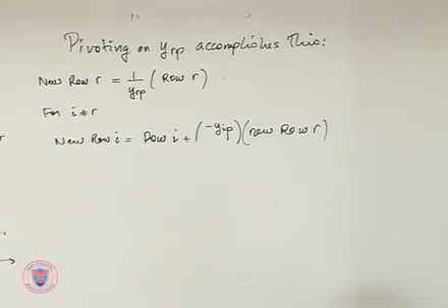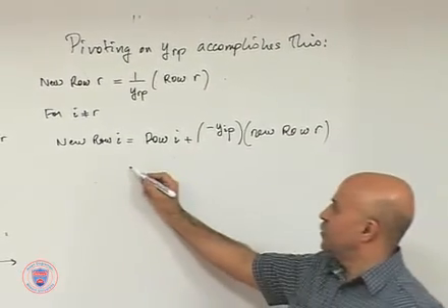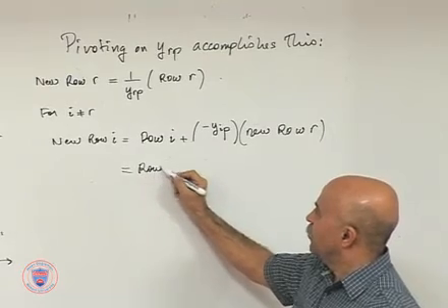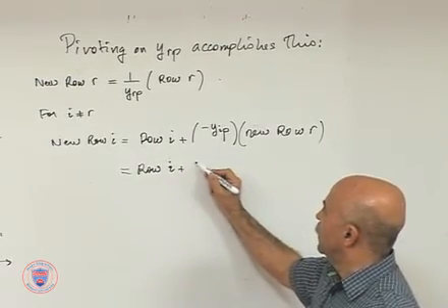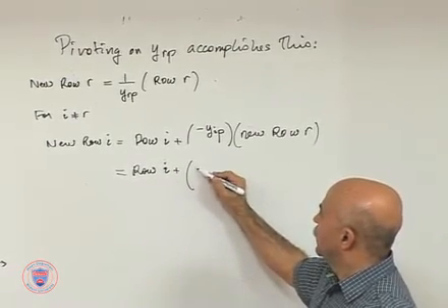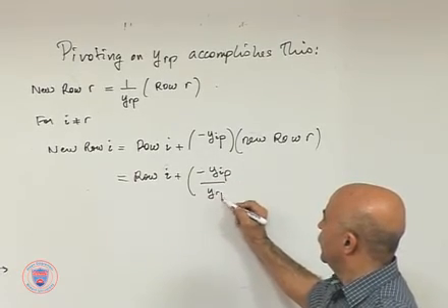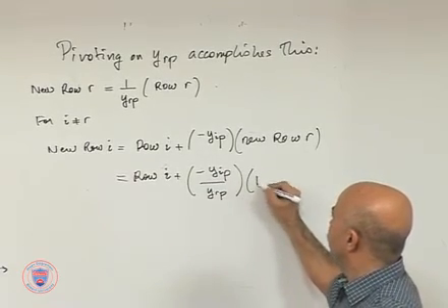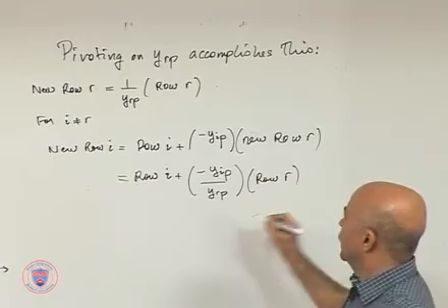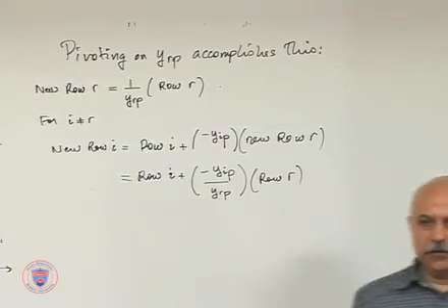Okay? Which, of course, you can also write down in the following way. Row I minus YIP divided by YRP times old row R. Whatever. They're all the same thing.